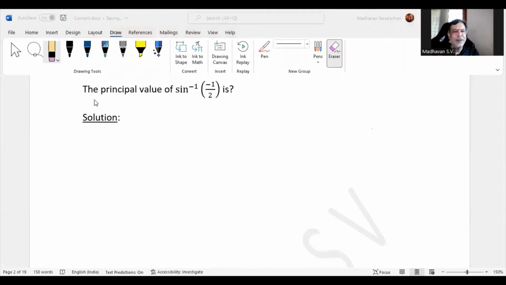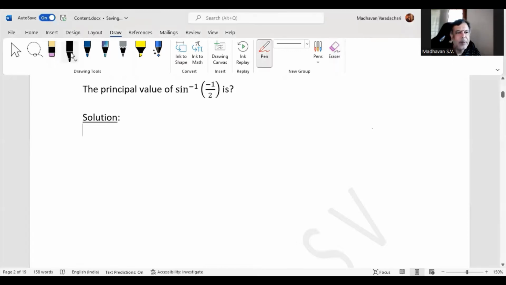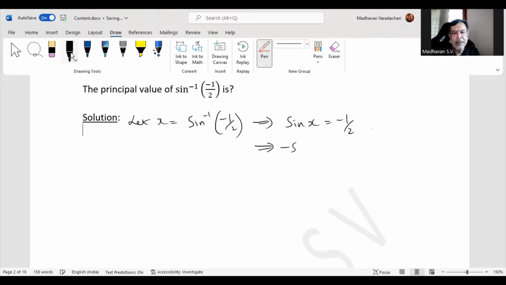In this, we need to find the principal value of sine inverse of negative 1 by 2. So first of all, let x equal to sine inverse of minus 1 by 2, which means sine of x is negative 1 by 2, or we can write minus sine x is 1 by 2. Now, 1 by 2 can be written as sine of pi by 6.